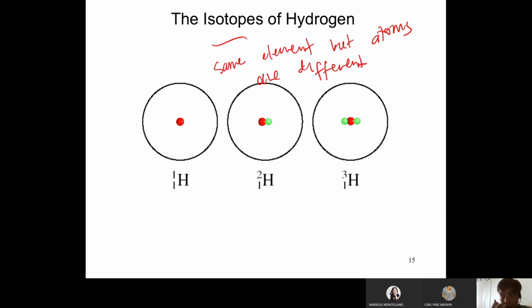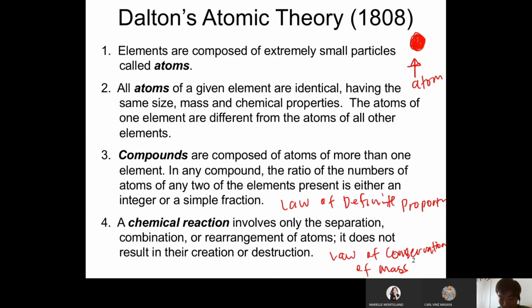So this is actually a contradiction to Dalton's atomic theory. Sabi kasi ni Dalton's atomic theory, number 2, yung atoms daw of the same element, they are always the same. Okay. But yun nga, ginawa ni Dalton itong idea na to before the discovery of radioactivity.